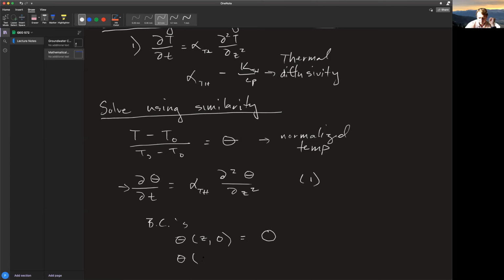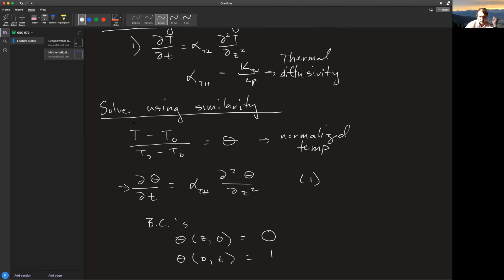At the top boundary, for all times greater than 0, I'm going to have this equal to Ts. So I have Ts minus T naught over Ts minus T naught, so theta equals 1. Then at infinite depth, my temperature is equal to T naught, the initial temperature.